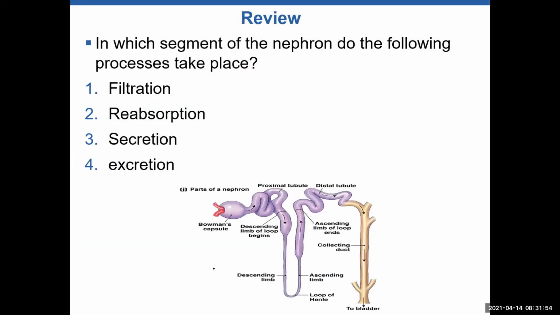In which segment of the nephron do the following processes take place? Where does filtration take place? Yes, absolutely, the renal corpuscle. Very good. What about reabsorption?